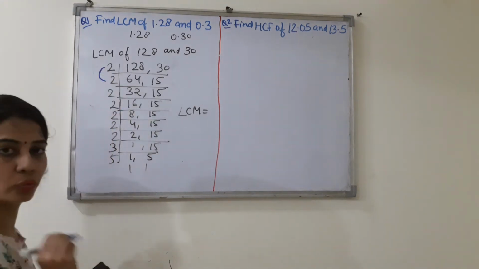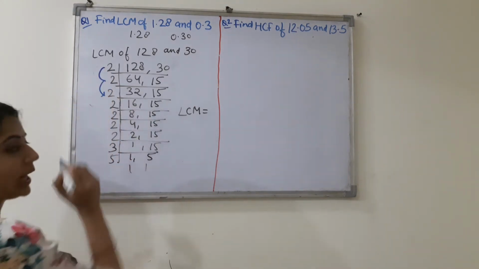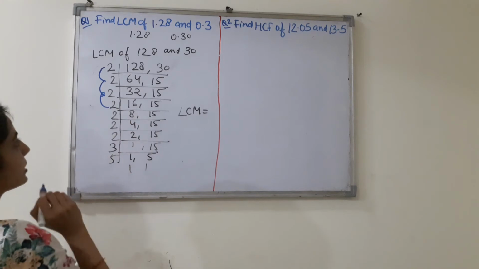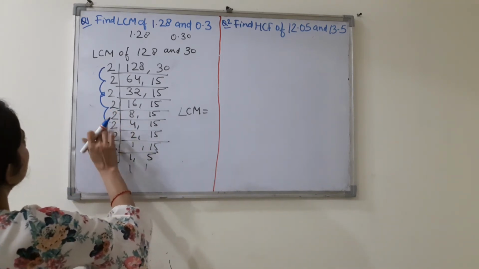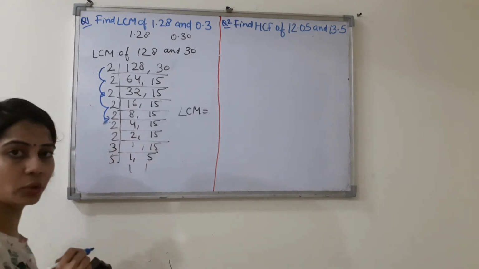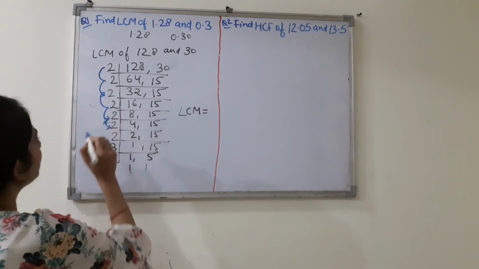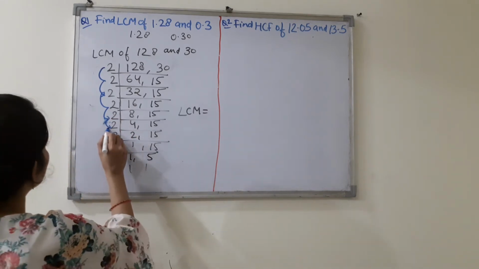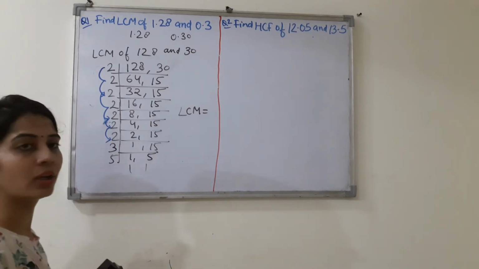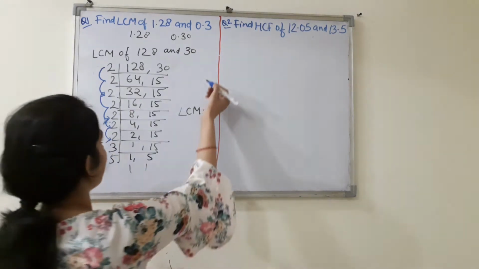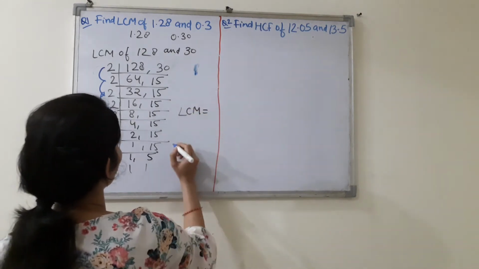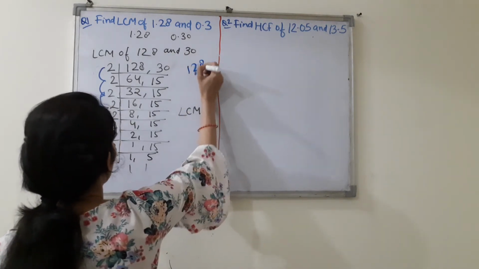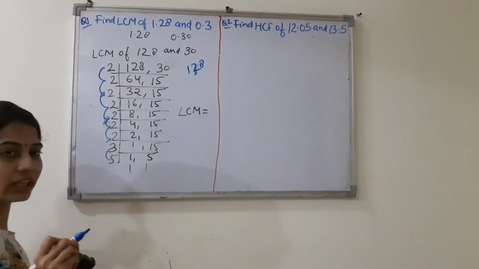2 into 2, 4, 4 into 2, 8, 8 into 2, 16, 16 into 2, 32, 32 into 2, 64, 64 into 2, 128, right? So this is your 128, and this is 5 into 3, 15.